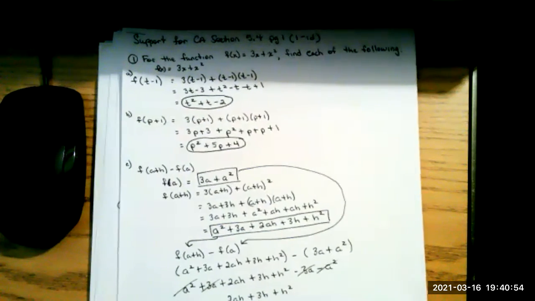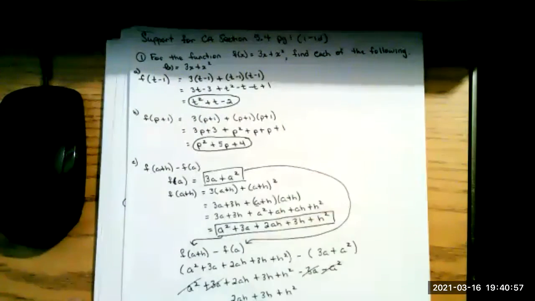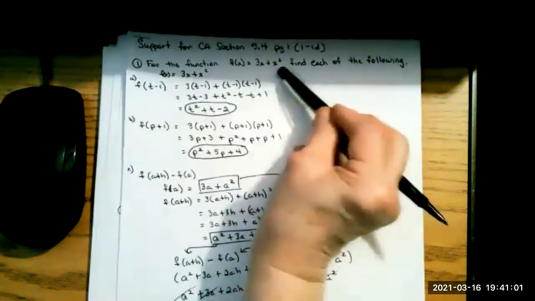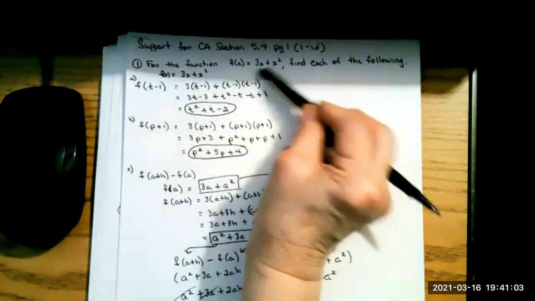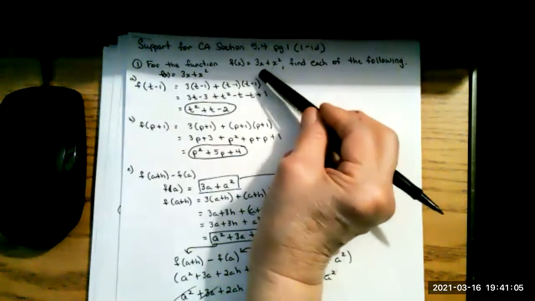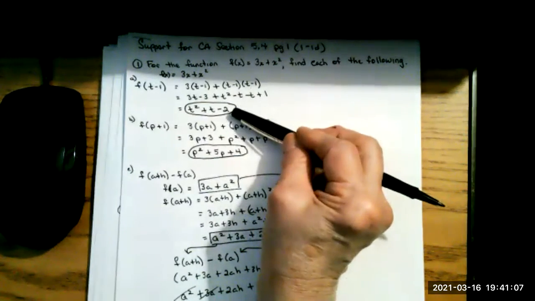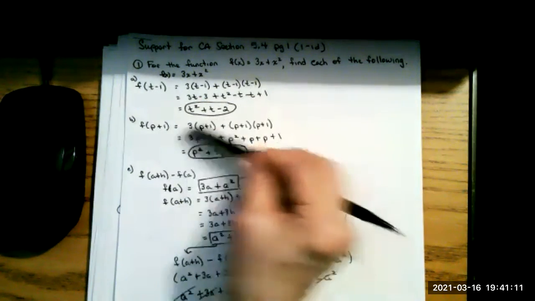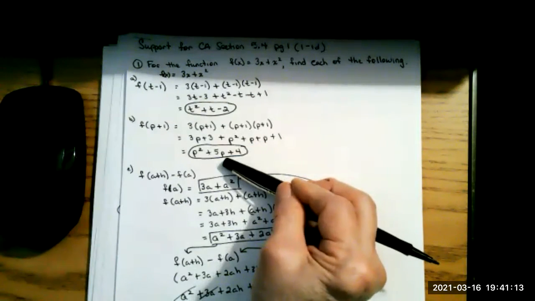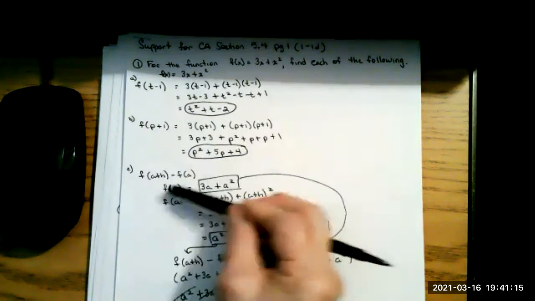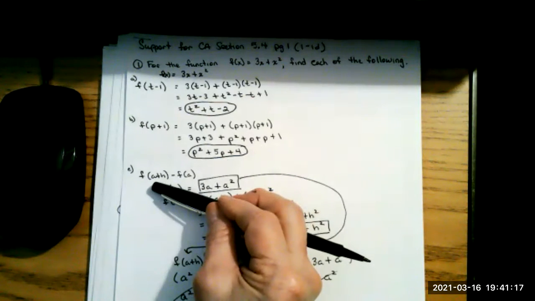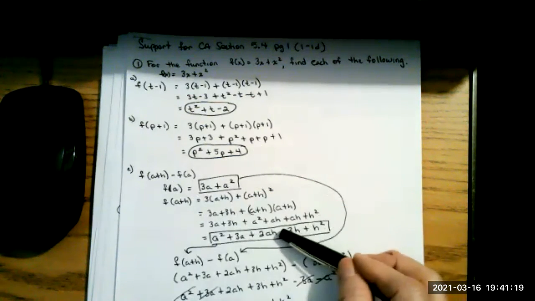Okay? And so there's like 1, 2, 3, 4 different things to do for this same function, this 3x plus x squared. So you get one answer and then you forget it. Then you start all over and you put p plus 1 in and you get the answer. Then you forget it. And now we're at this one where we're sticking the a plus h in and we've got to get an answer.